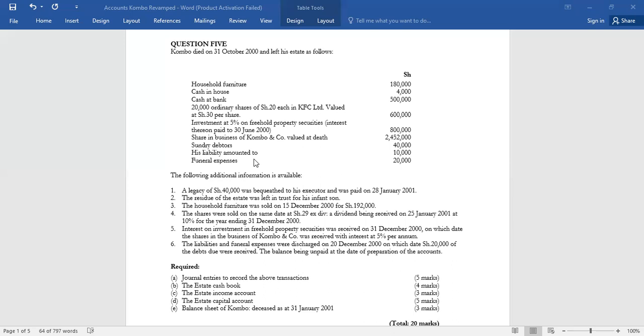Then we've been told in the same month, the shares were sold on the same date, the 15th December, at 29 shillings ex-div, a dividend being received on 25th January. For the ex-dividend, if we buy before the due date, we are going to enjoy the dividend on our end.